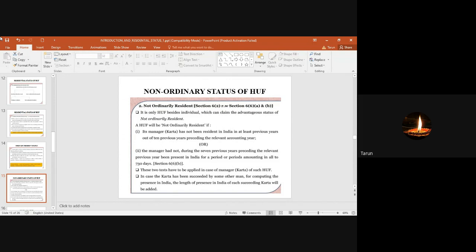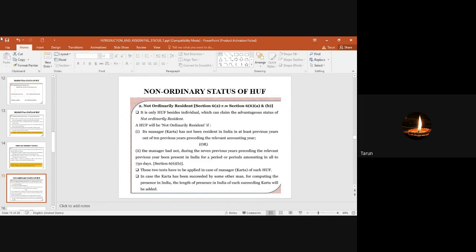In case the Karta has been succeeded by some other man, for computing the presence in India, the length of the presence in India through that other man will also be counted in each succeeding year. Right?